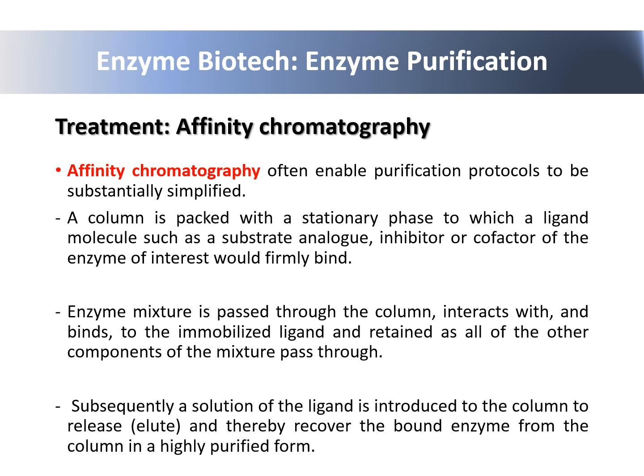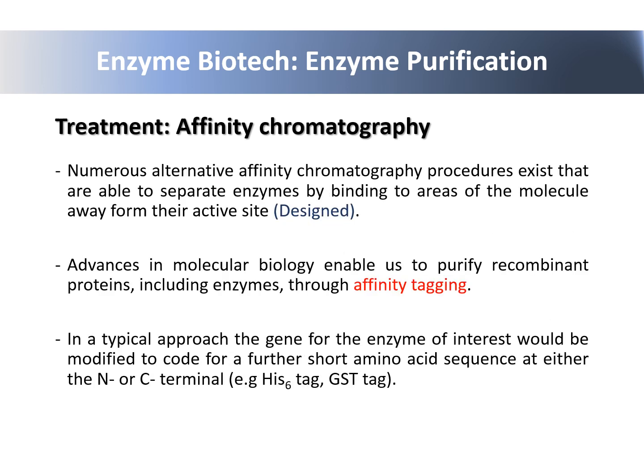Or in another case, you can also increase the ionic strength like you would do with ion exchange. But then you should use a salt or a compound that competitively binds to the ligand as your enzyme would. When that comes in, it pushes out your enzyme, and you then collect your enzyme.